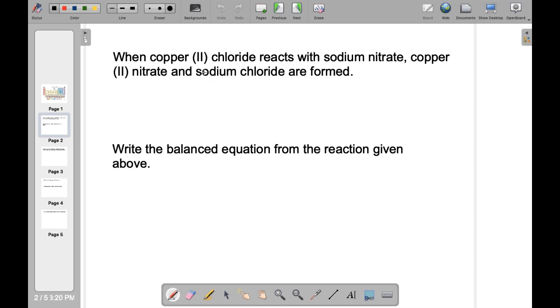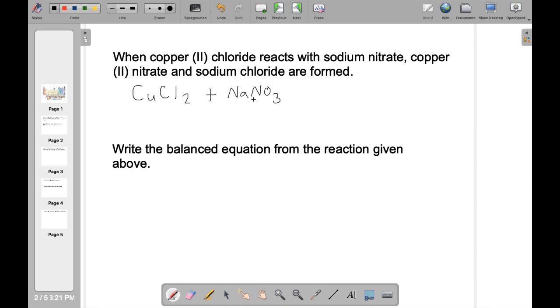But we have copper 2 chloride. Let's go ahead and put down copper. We know this has a charge of +2 and chlorine is -1, so I'm going to need two of those. Copper 2 chloride plus sodium nitrate. Sodium has a +1 oxidation state, and nitrate's -1.